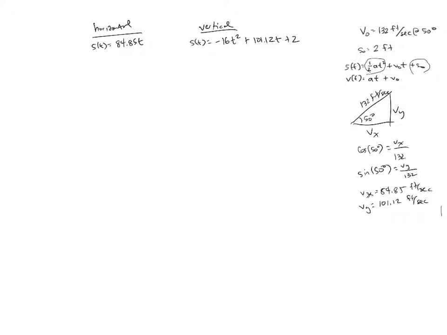And the first question we asked was, what's the maximum height? So we found that the maximum height occurs when the vertical velocity at any time is 0.